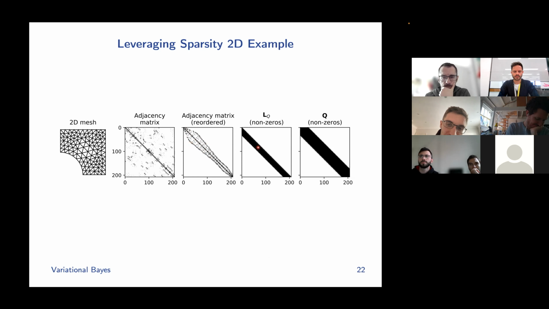But just to be safe, you fill in everything, because for example, here we have zeros, but we need to fill it in because we don't know. It could be non-zeros in the Cholesky factor.